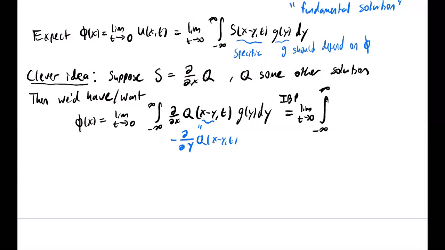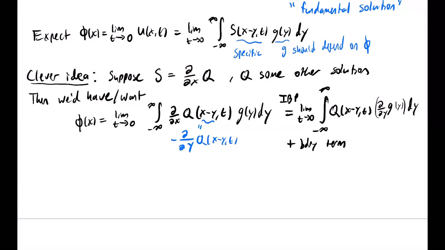So I have a negative d dy here, and so the minus sign will cancel when I integrate by parts. And I'll have q of x minus yt, and then the derivative with respect to y of g, and then plus some boundary term.